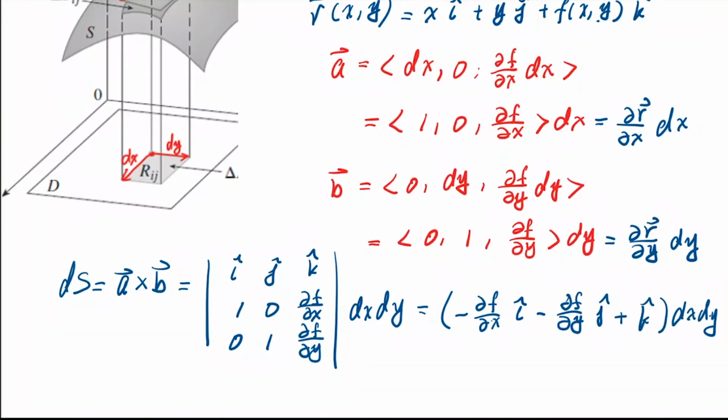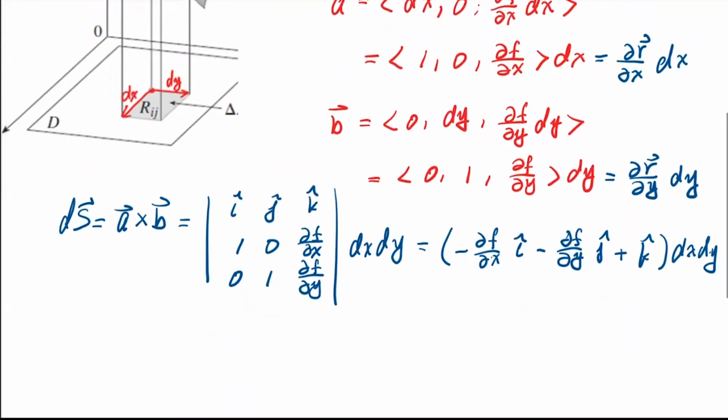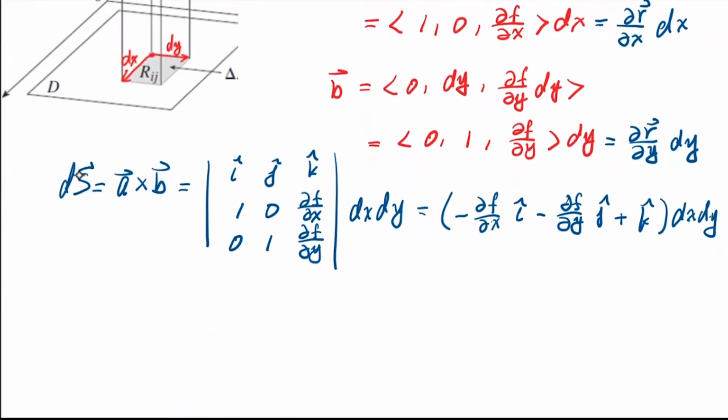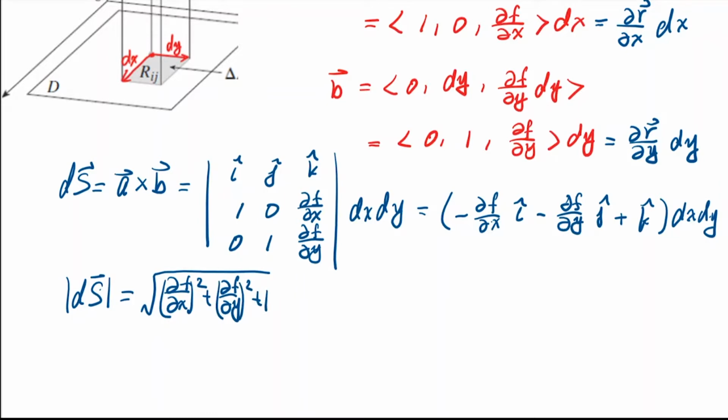So we get this back. ds, this is a vector, by the way. And if you want just regular ds, we are going to need this vector ds more eventually when we go to surface integral. But for now, your ds scalar is the magnitude of that vector. So we have the square root of partial f partial x squared plus partial f partial y squared plus 1, dx dy. We get that thing back.